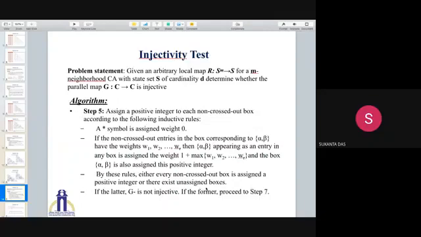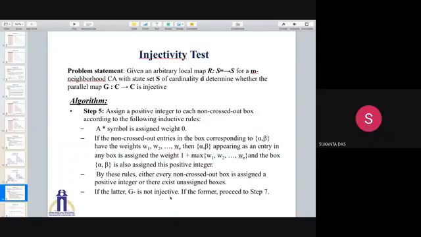I mean, it will fail to assign any value. If such a case arises, if you fail to assign any value, then it's not injective. Okay. So this is another condition of deciding non-injectivity.